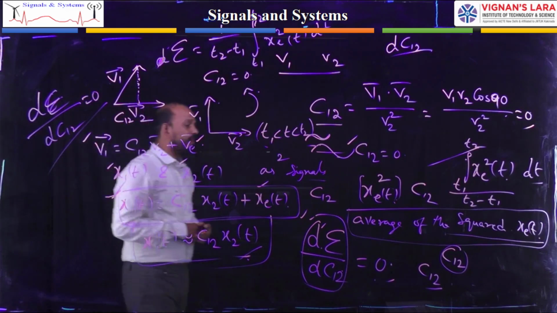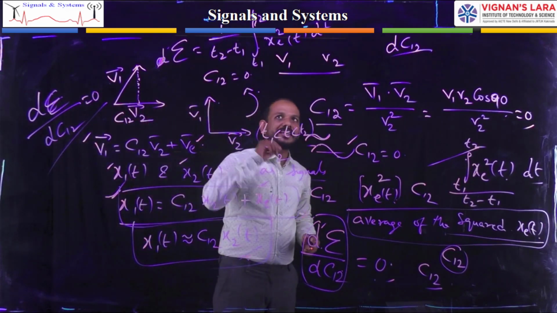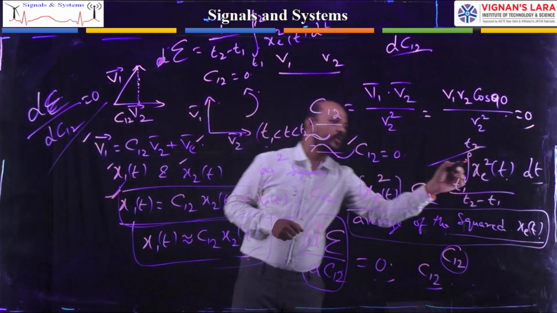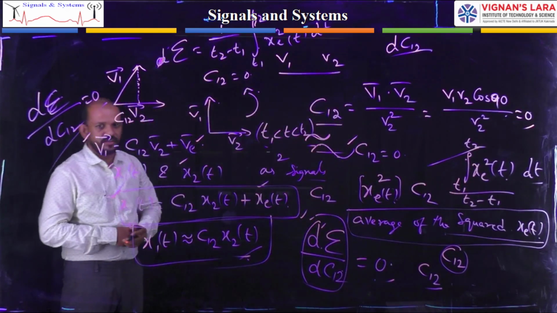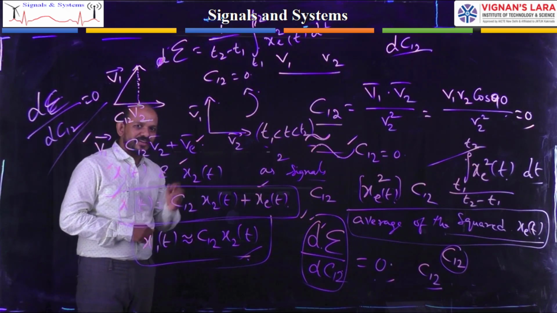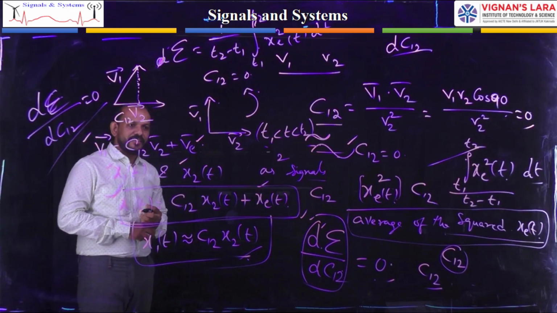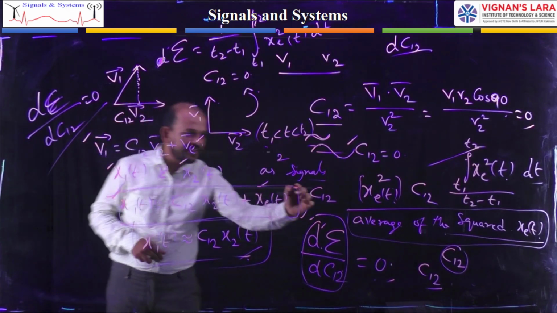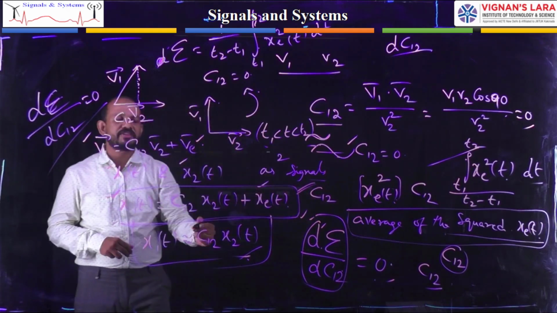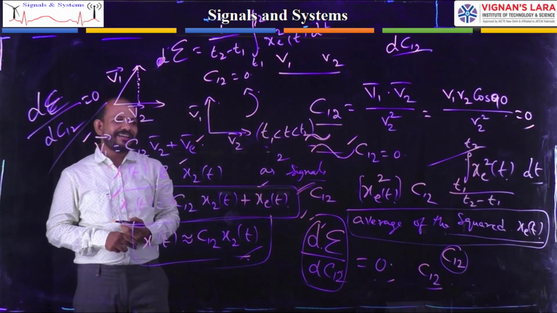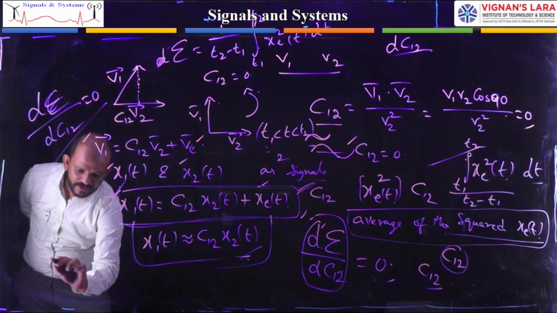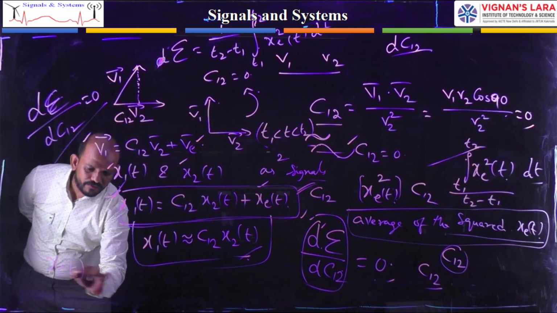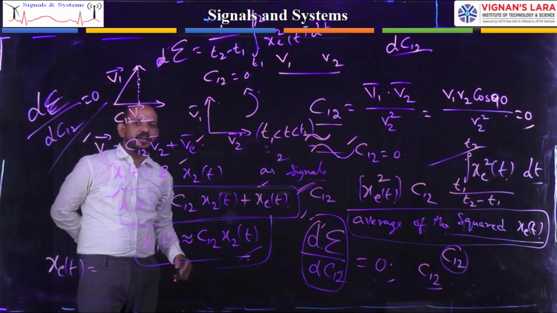Now anyone tell me what is the equation for xe of t? What is the equation for the error signal? Simple. Here is the equation. See this equation. From this equation I can find out the error signal. From the basic equation I can write the value of the error signal.